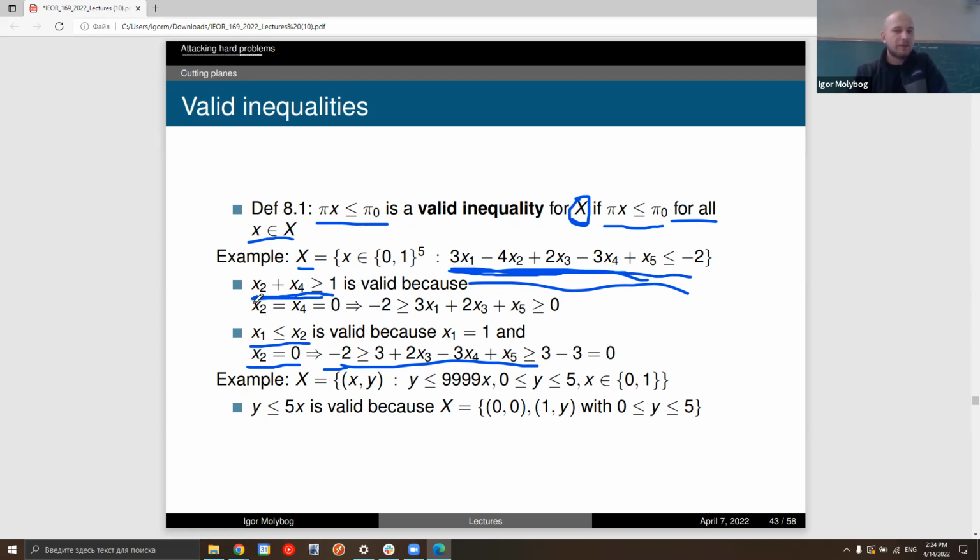Why is that? Well, if this inequality does not hold, it just means that both x2 and x4 are equal to 0, because we are talking about binary variables here. And if both x2 and x4 are equal to 0, then -2, which is on the right hand side of this inequality over here, and it has a greater than or equal sign, then -2 must be greater than or equal to 3x1 plus 2x3 plus x5.